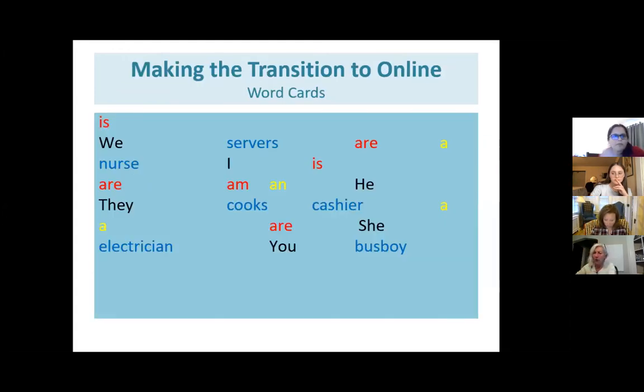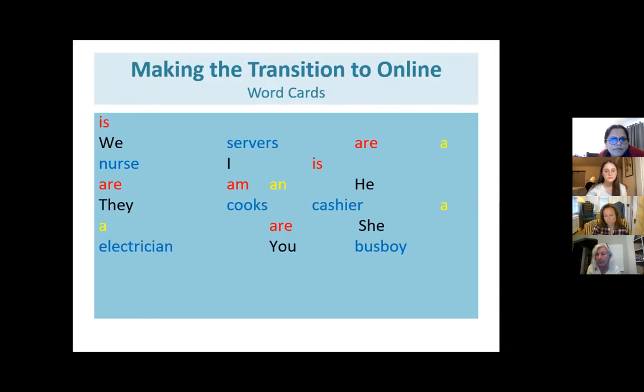Well, one possibility is that you can put the scrambled sentences on a slide like this or in a Word document, and then the students would use a piece of paper and pencil and, looking at what you have displayed, work out the sentences. You'll see here, these are more like the word cards for lower level students.